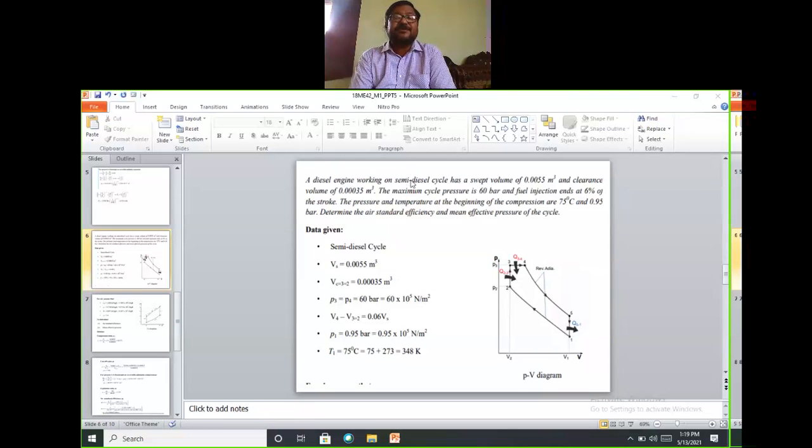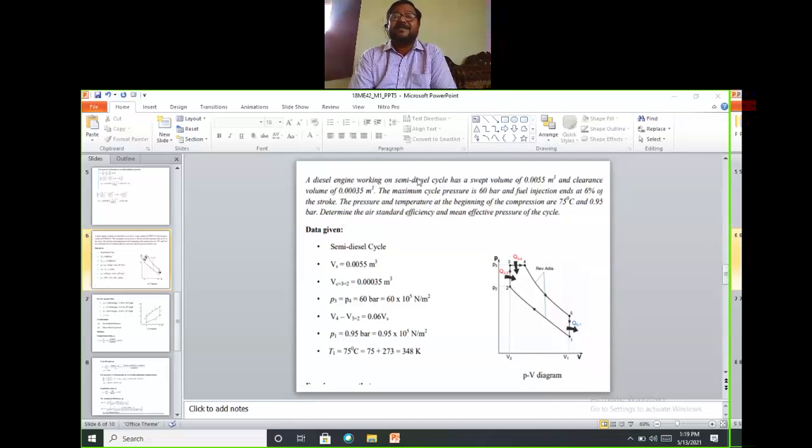To confuse the students, they always frame sentences like these in the examination. You must be very, very careful, because if you look at only the first one or two words, it looks like a diesel cycle, but it is not a diesel cycle. It is working on the dual cycle. Here you must be very careful.